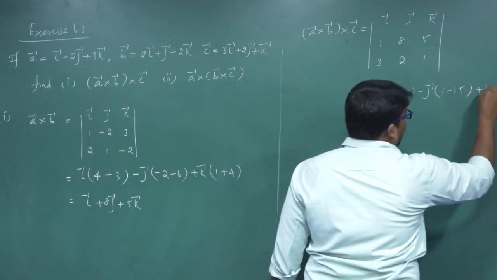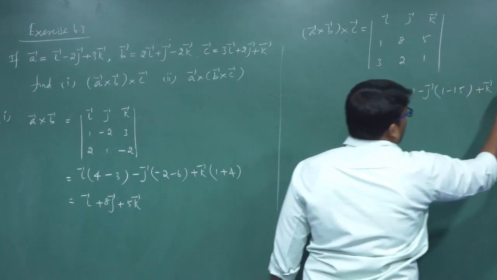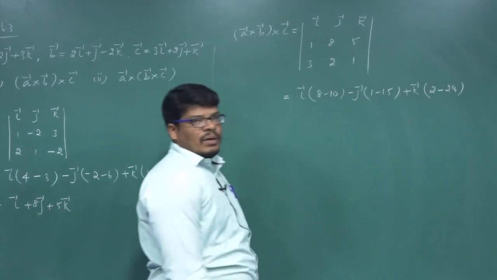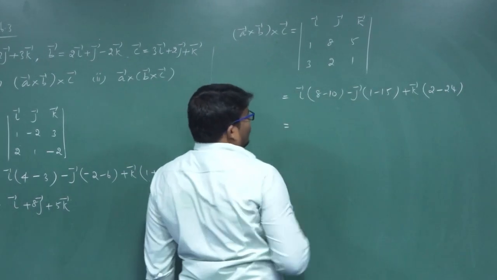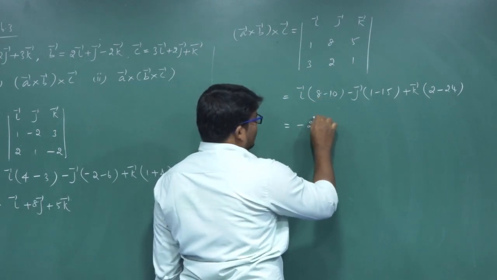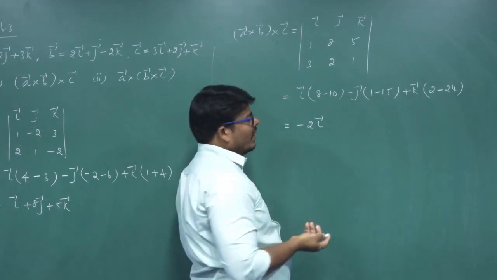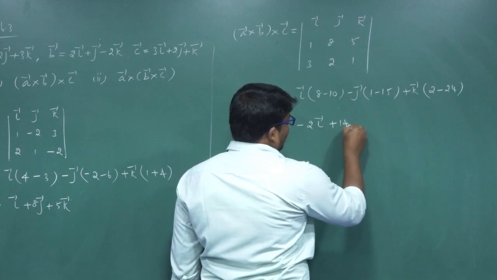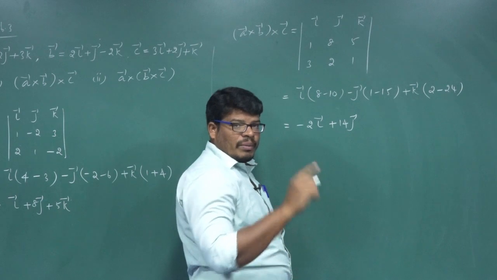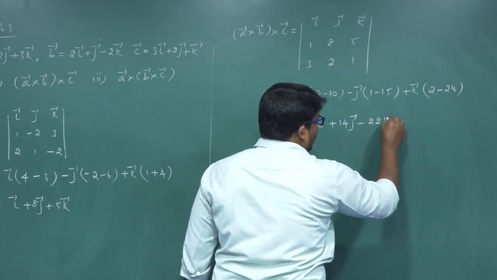Next, plus k vector, eliminating the column and row: 1 times 2 is 2, minus 8 times 3 is 24. So 8 minus 10 is minus 2, minus 2i vector. 1 minus 15 is minus 14, minus times minus gives plus 14j vector. 2 minus 24 is minus 22, so minus 22k vector.